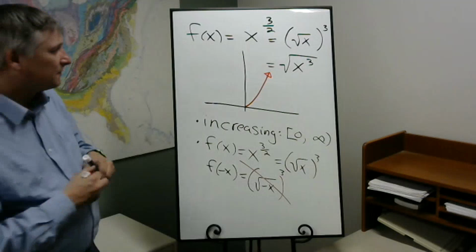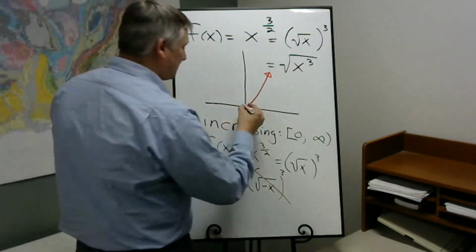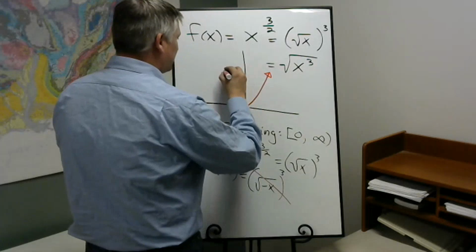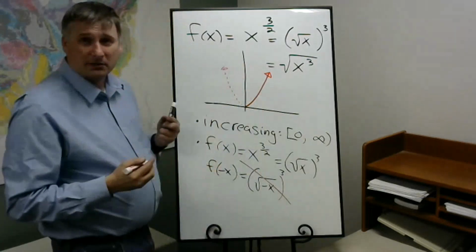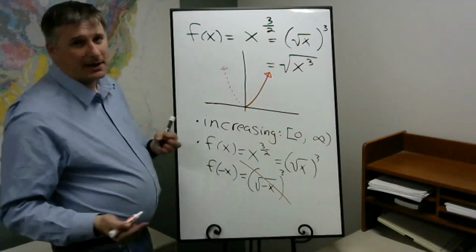And again, we can look at this. If it's symmetric across the y-axis, we would see something like this to go with it. But we don't. We just have this. So there is no symmetry across the y-axis.